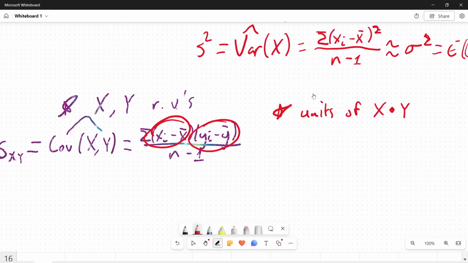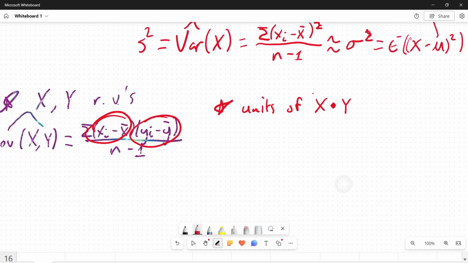The other simple thing here is, of course, I noticed that covariance of X with X instead of Y is the sum of all the X, again, with a hat, the sample counterpart to the population statistic, xi minus x bar, times xi minus x bar. Oh, it's the same variable twice.